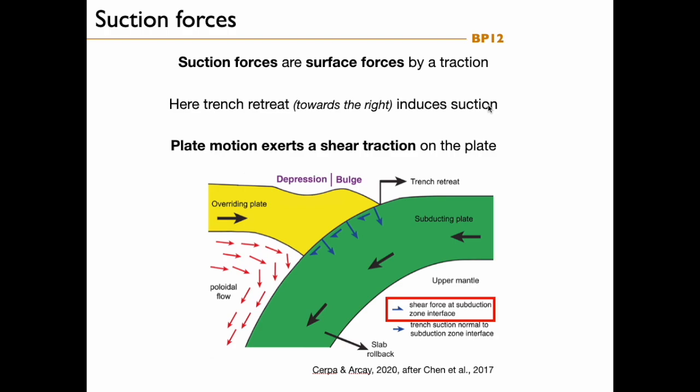First there will be the shear force due to the motion at the interface of the slab. So that is a shear force which is along the interface here. But there is also a normal component, and this is the trench suction force which is normal to the subduction interface here.